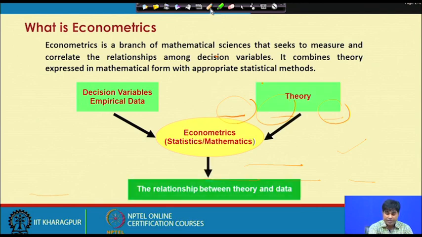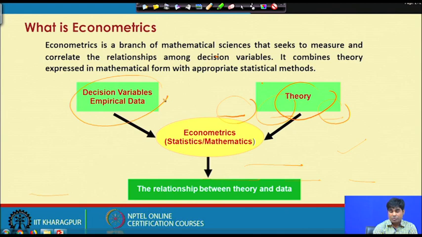So, we have here theory, and then we have the decision variables. Of course, the decision variables are coming from the theory, and then we have some kind of data, and then we will go for the empirical process. The empirical process technically needs data and the technique to examine the existing theory, and that too with the help of decision variables.